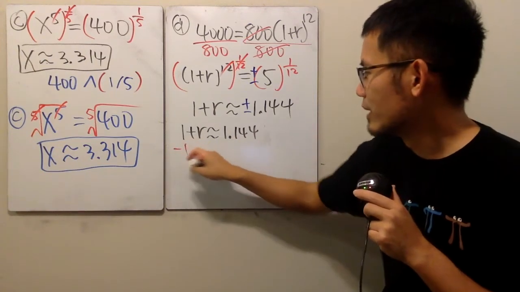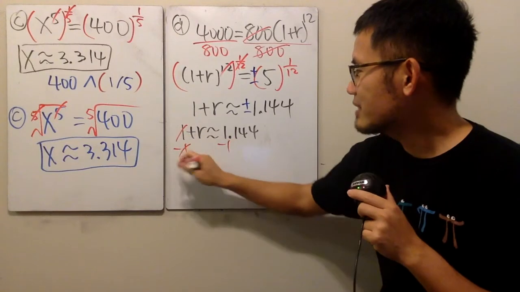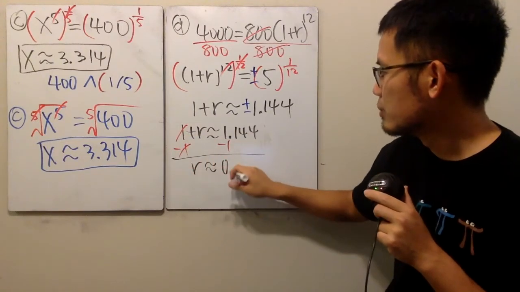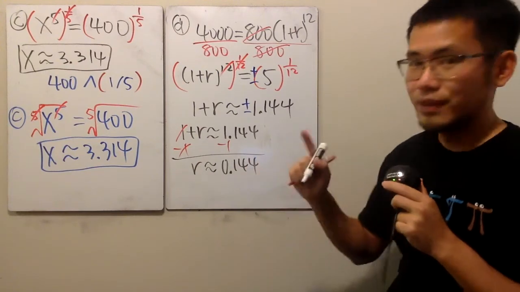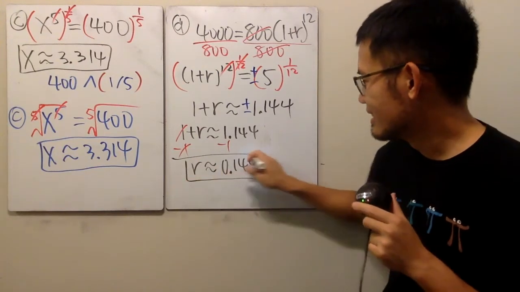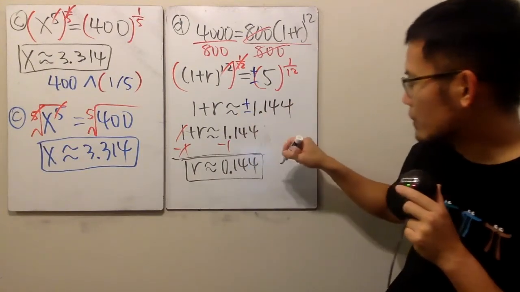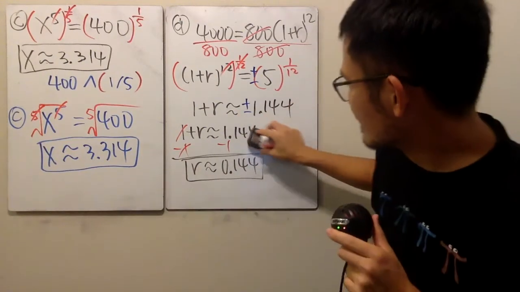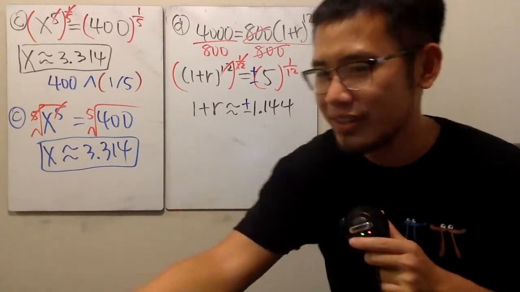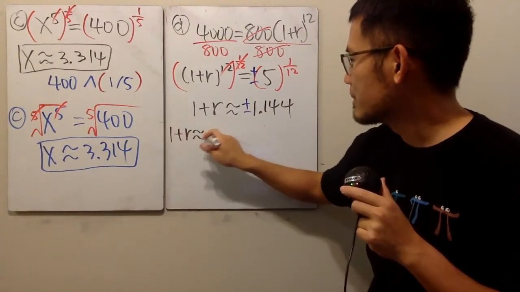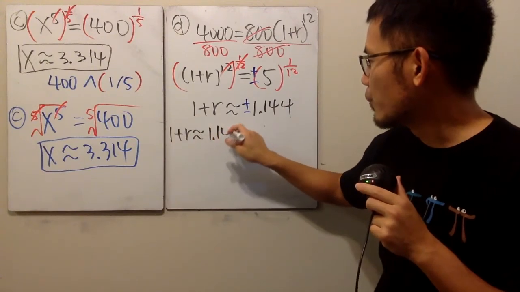So I will just minus 1 on both sides first, so that they cancel, and then we end up with r is approximately 0.144. First answer. The other one is the minus. Let me just write it down smaller so that I can fit in both right here. All right. 1 plus r is approximately positive 1.144.